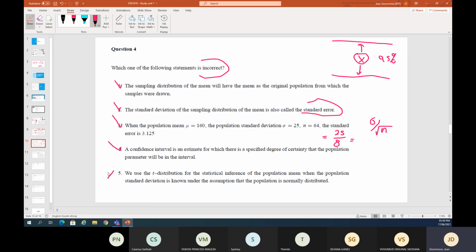So we know this one is then incorrect, but let's look at it first. We use the t-distribution for the statistical inference of a population mean when the population standard deviation is known, under the assumption that the population is normally distributed. This is interesting. We also do this in study unit 8, I think.